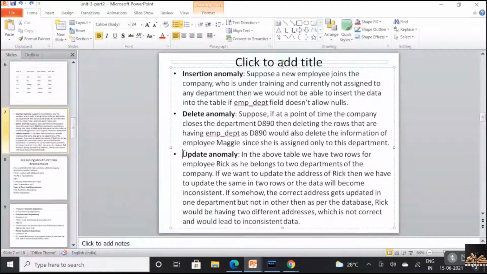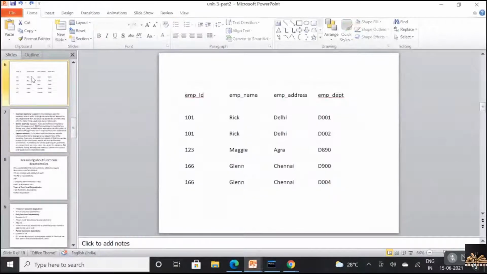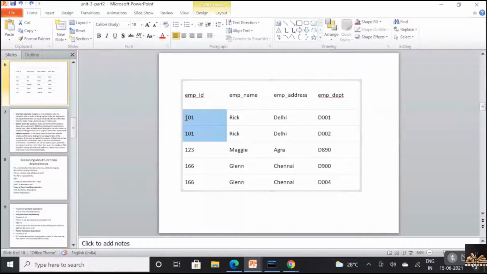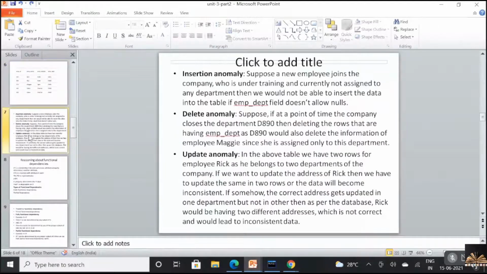Now, what does update mean? Every one of you knows. Now, I'm talking about employee number 101. In the above table, we have 2 rows for employee Rick.